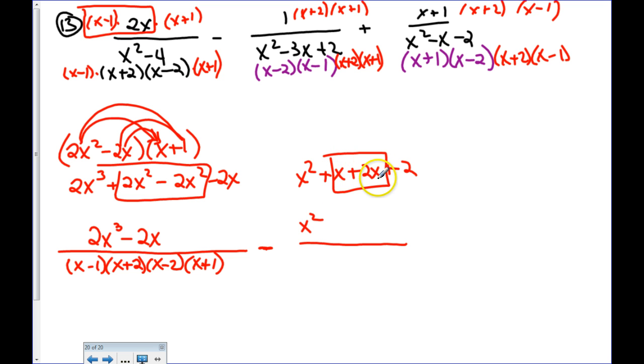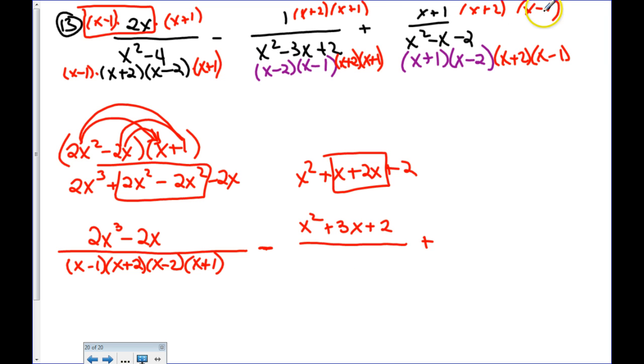Okay, so x plus 2x is 3x. Now, notice I didn't do anything with that 1, but 1 times anything is itself, right? So this will be that. Plus, I'm not writing out my denominator again, it's too long. Okay, it's still there. Remember, it's there, I'm just not writing it out.